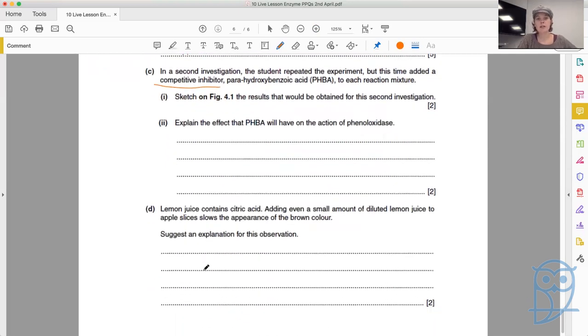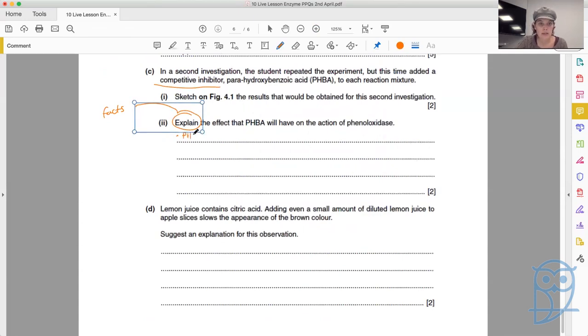Explain the effect that PHBA, our inhibitor, will have on the action of phenol oxidase. Okay, so explain, we need these facts. So when we are a competitive inhibitor, main thing is that we are similar to the substrate, we're complementary to the active site.